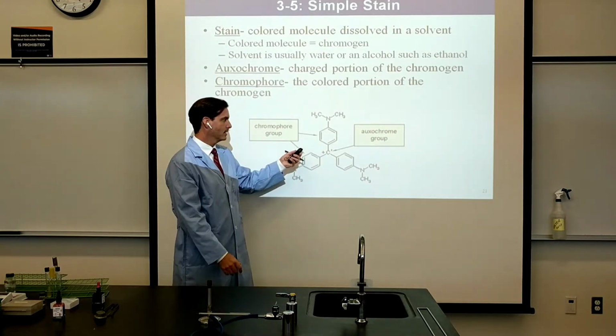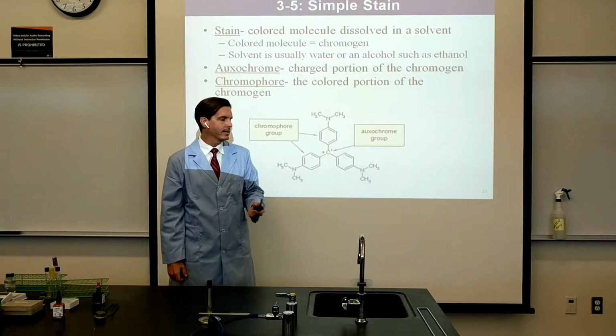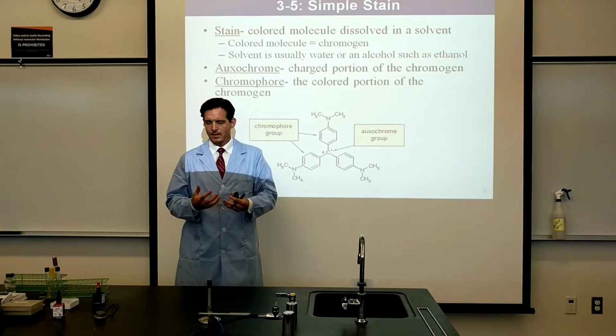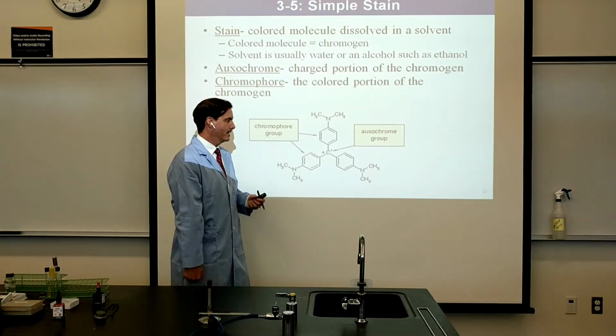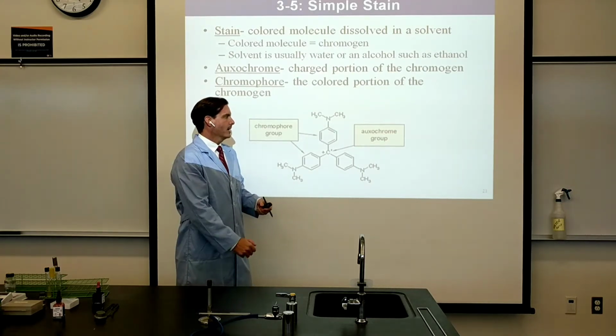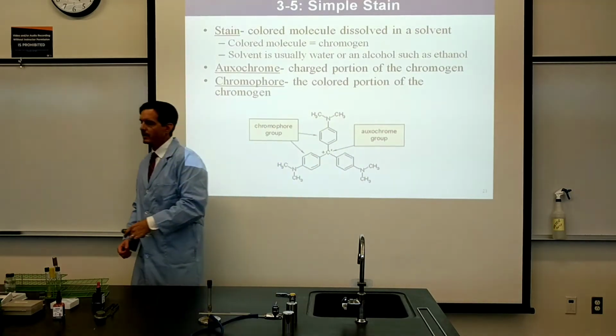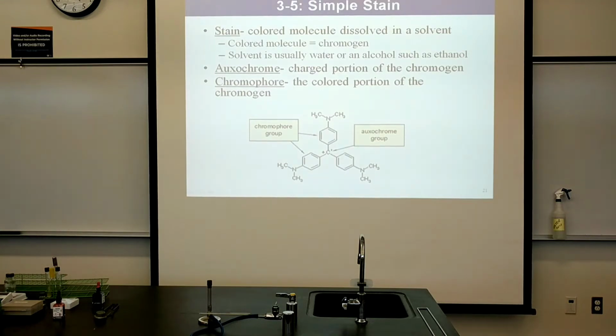So we can see here on this molecule of crystal violet that there are 3 chromophores, so it has a really deep, vibrant purple color that your eye sees. And you have the oxychrome that's charged. This entire thing, if I put a circle around it, is the chromogen, containing the chromophores.